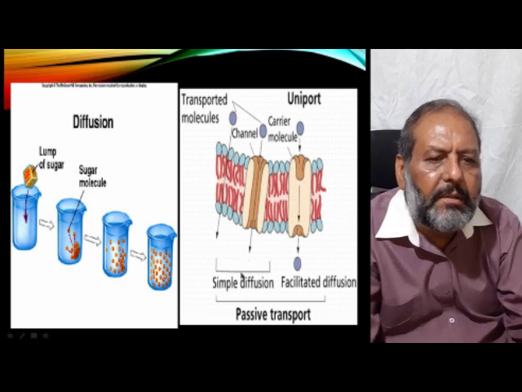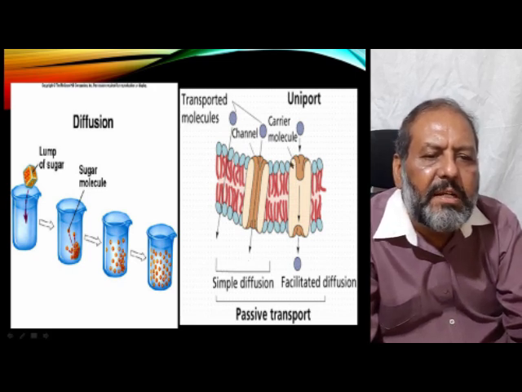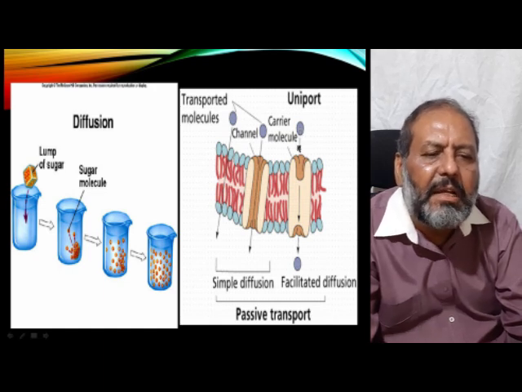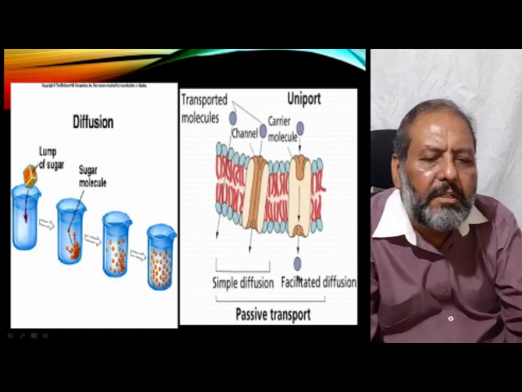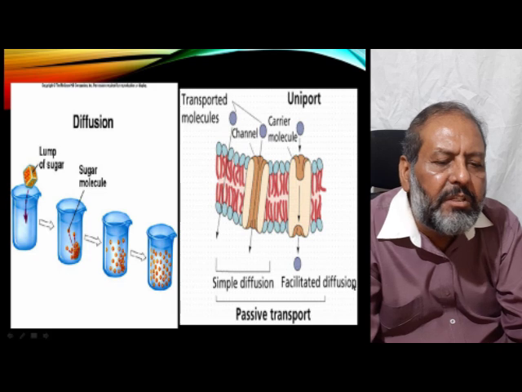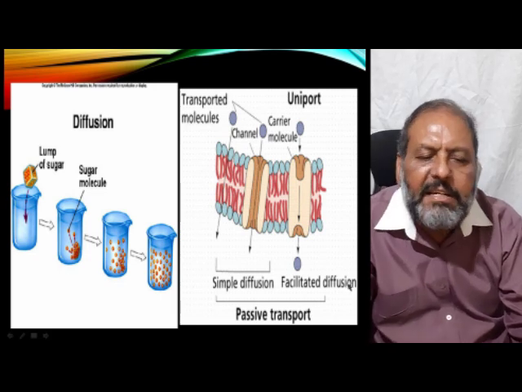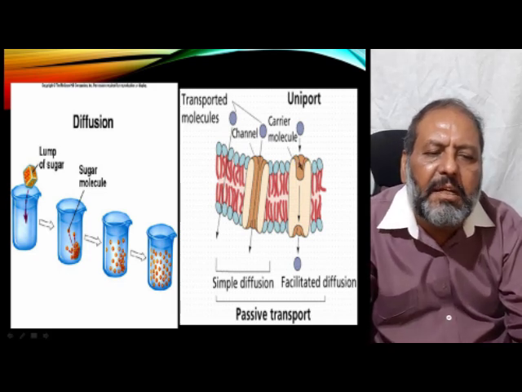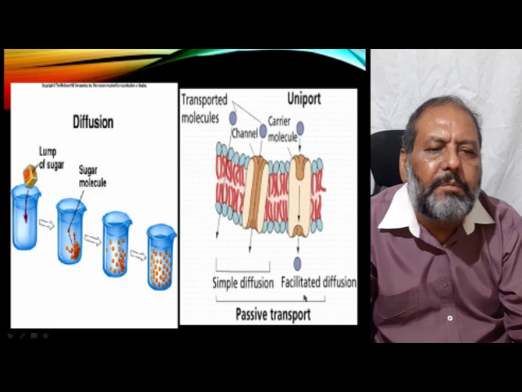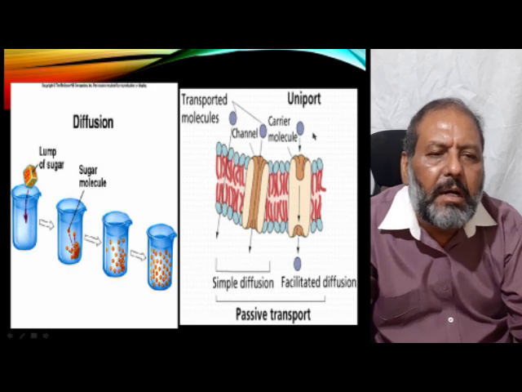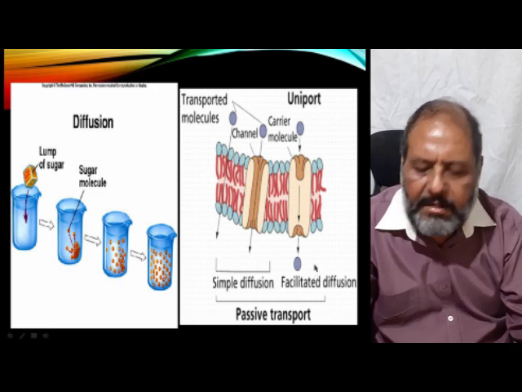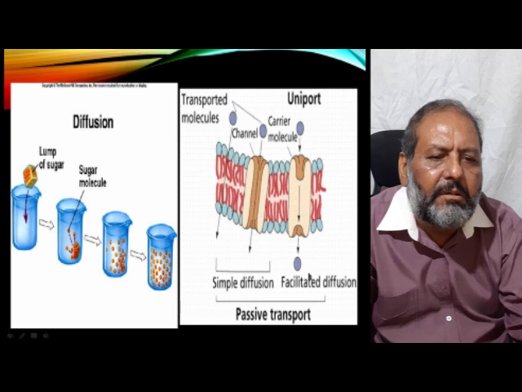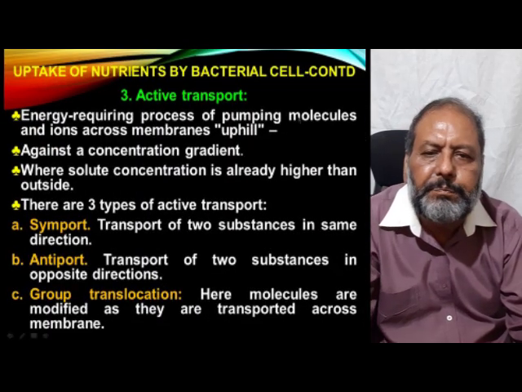But here there is one carrier molecule, permease, which pushes these molecules through this port. So that's why it is called facilitated diffusion. It needs the facility of the carrier molecule to come from outside to inside, and that is unidirectional from outside to inside, so it is called uniport.